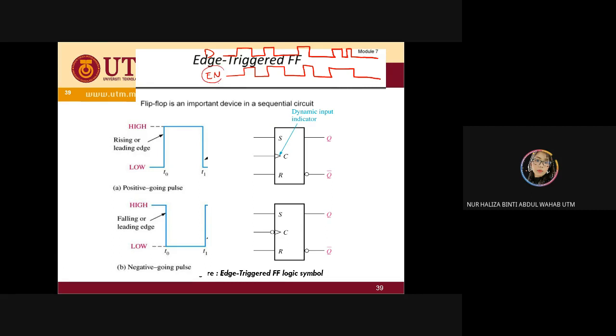If you still remember, you're going to look into your input when EN is 1. So starting from here, it's going to look into your input side. So here it will change.